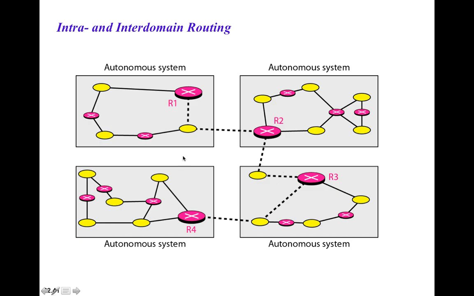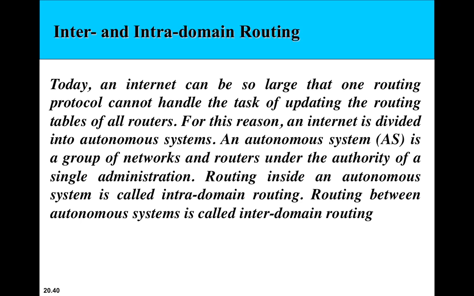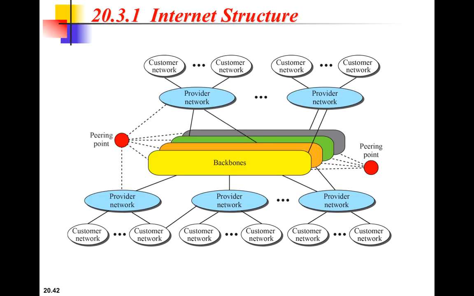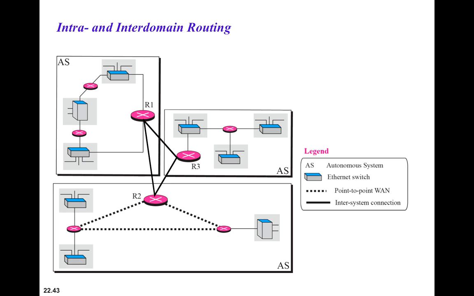So when all these edge routers exchange information with each other, they can share the information about their own autonomous systems. So we have intra-domain routing protocols, and we have inter-domain routing protocols, different routing protocols based on the coverage that they are offering.